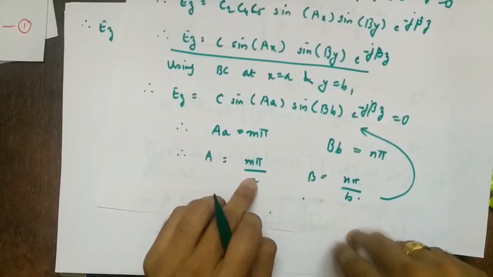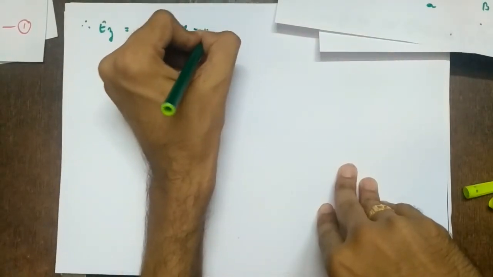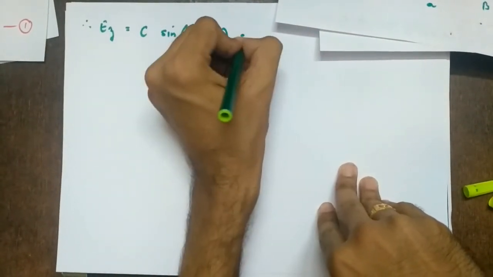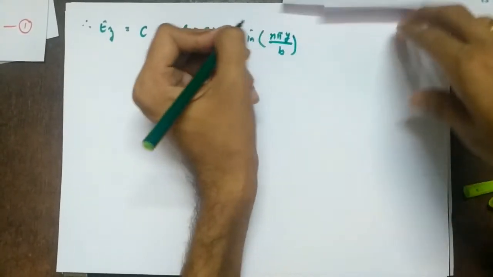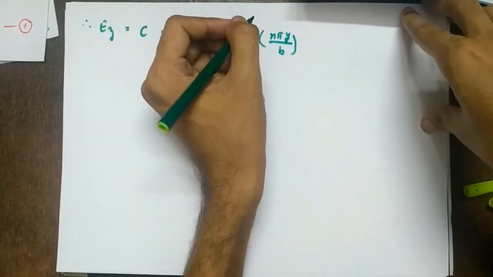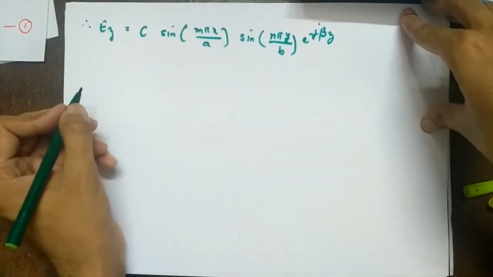Yeah, A is what? M pi by a. So M pi x by a, B is N pi by b, so N pi y by b. So sin of M pi x by a, sin of N pi y by b, e raised to minus j beta z.